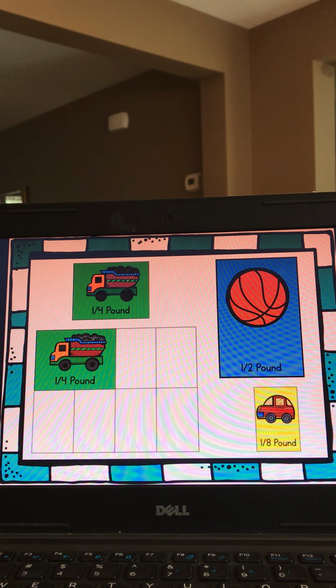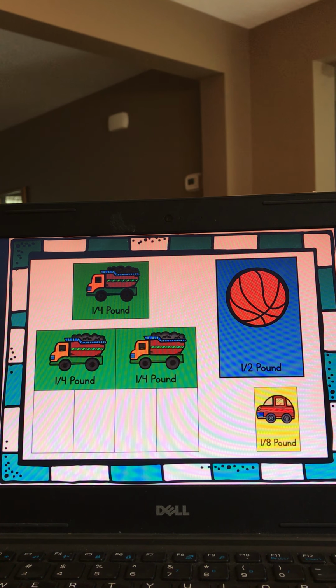I'm going to take the dump truck, and the dump truck is 1/4 of a pound. And if you notice, it covers up 2 blocks. If I add another dump truck, that covers up another 2 blocks, and it's covered up half of the blocks.